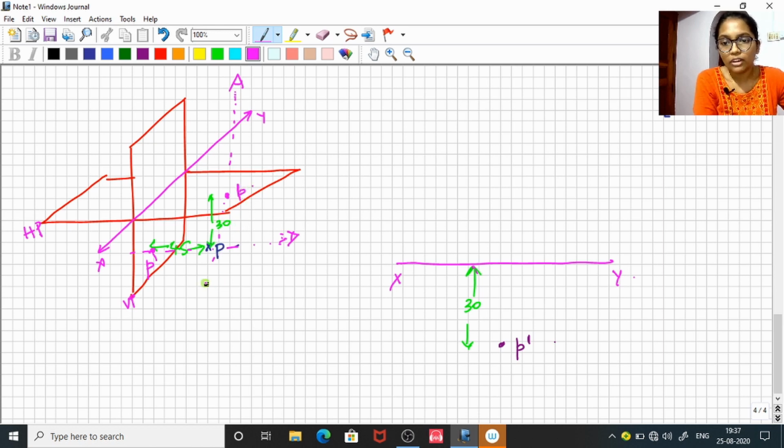And when you go for a 90 degree clockwise rotation, this point turns and comes beneath this XY, and which is 45 mm. 45 mm is rotated and coming beneath this XY line. So let us mark 45 mm, and over this point you will have your P. So this is your orthographic projection for point kept at fourth quadrant.